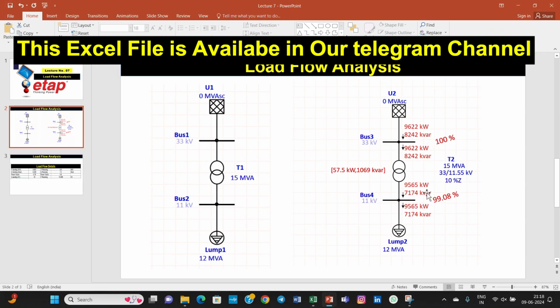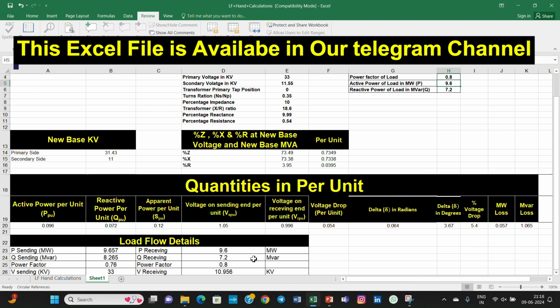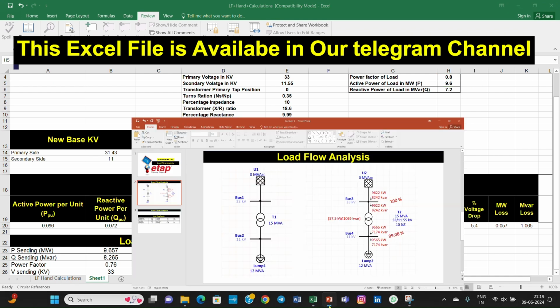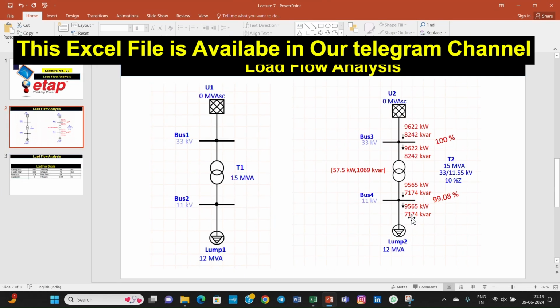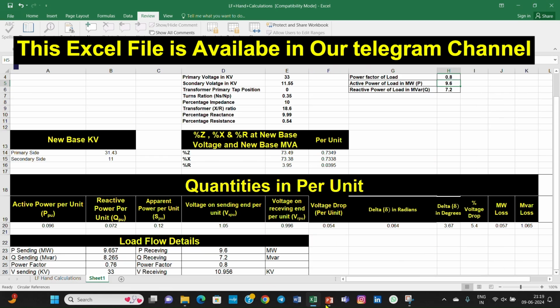Receiving end power is 9.56, and that is the same. Reactive power at the receiving end is 7.2, here 7.17, that is 7.2. Power factor is 0.8. Receiving end voltage is 10.99.